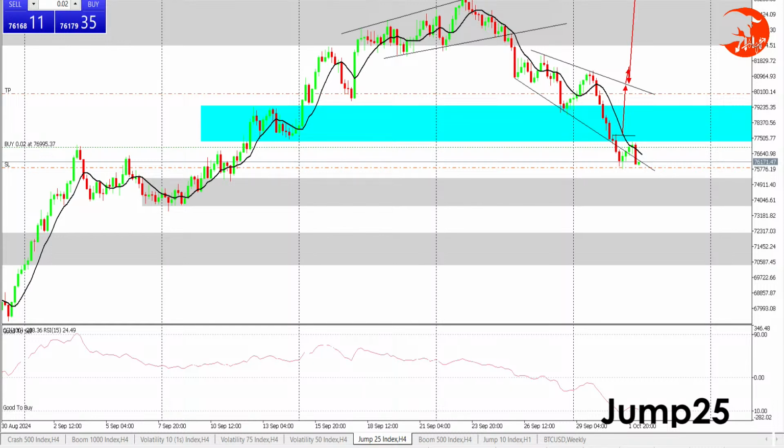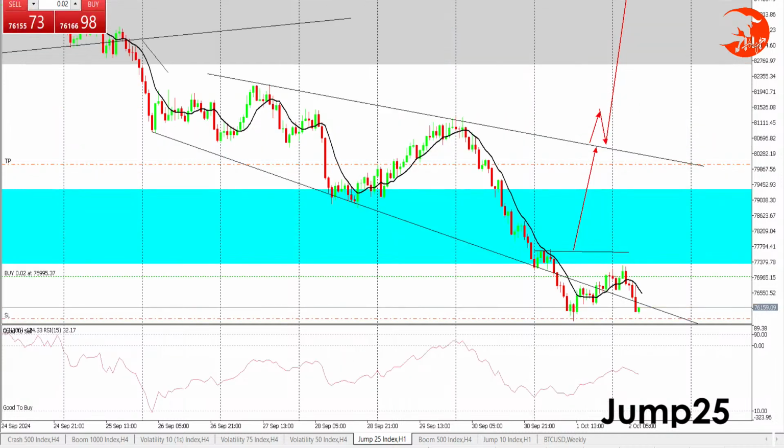But from what I see here, according to H4, we have a clear double top, double bottom, but the previous candle was an engulfing one, engulfing 4 previous buy candles.